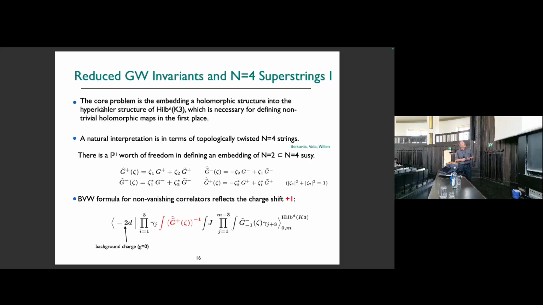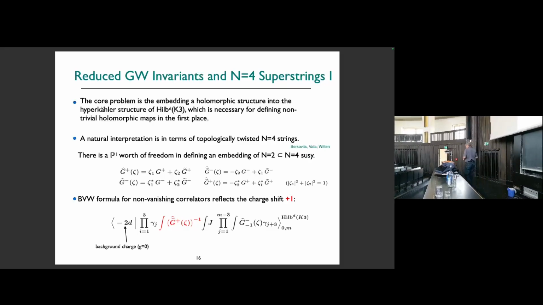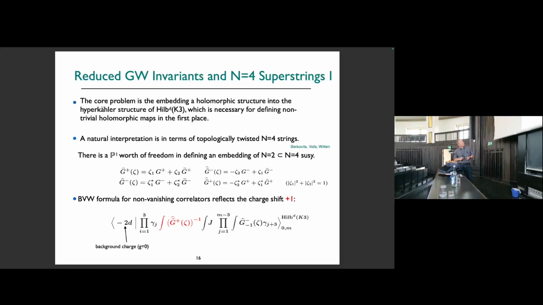And this is actually provided by the topologically twisted N=4 string invented by Berkovits, Vafa, and Witten a while ago. So there is a P1 worth of family of N=4 supercharges.